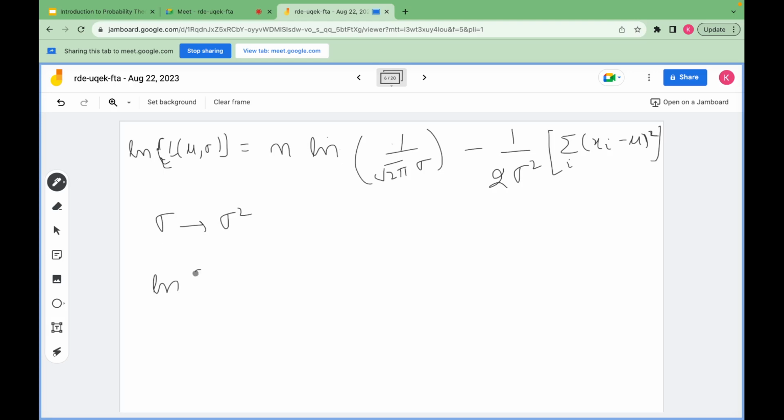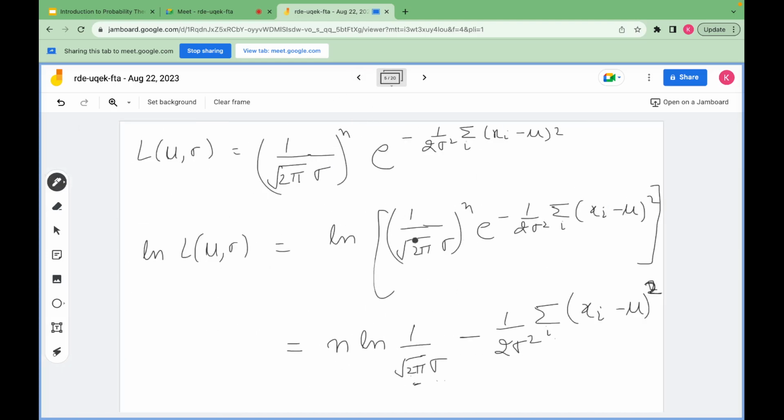Okay, so now this will become n by 2, because here we took this quantity as 1 upon root 2 pi sigma whole to the power n.